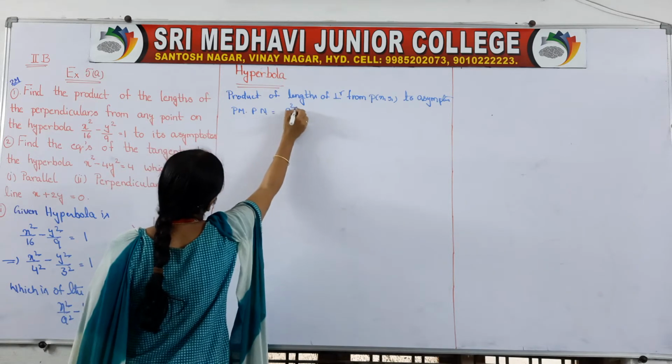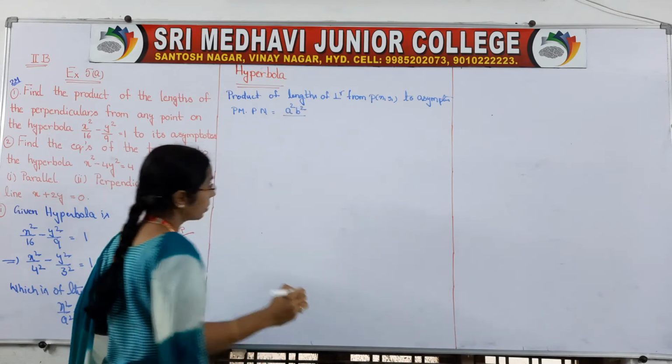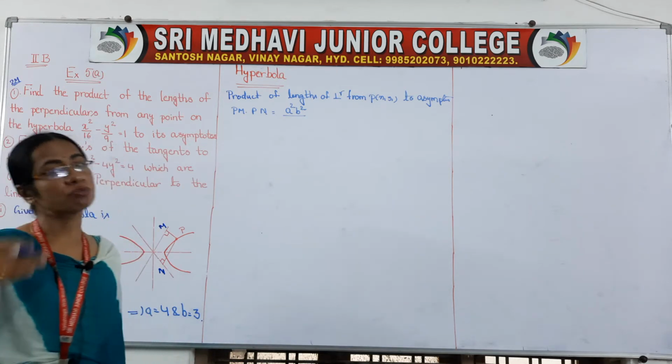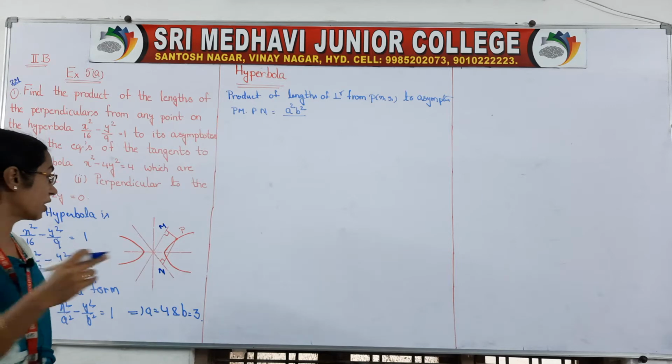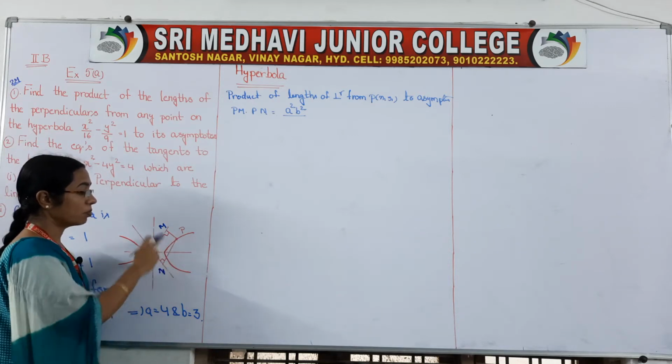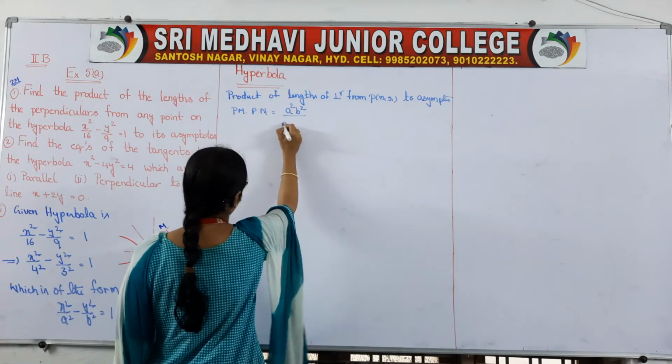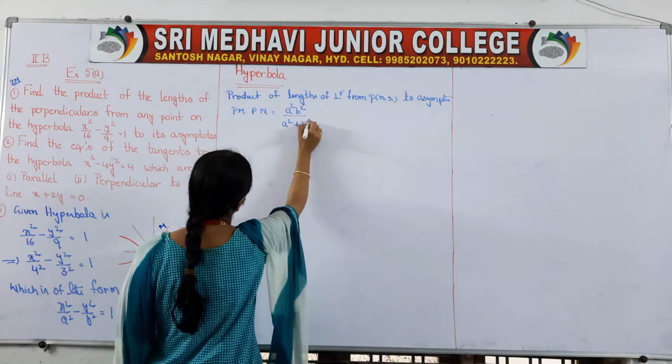Already derived this formula in one problem, in the 4 marks problem. The product of the lengths of the perpendiculars from a point on the hyperbola to the asymptotes is a square into b square by a square plus b square.